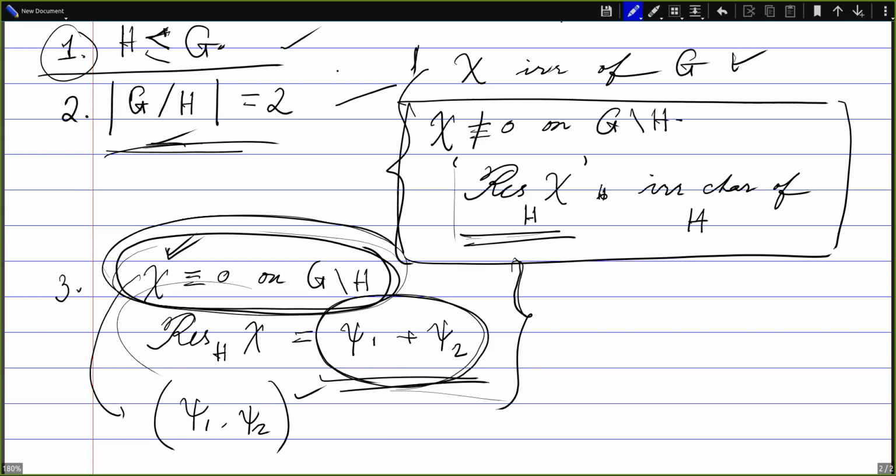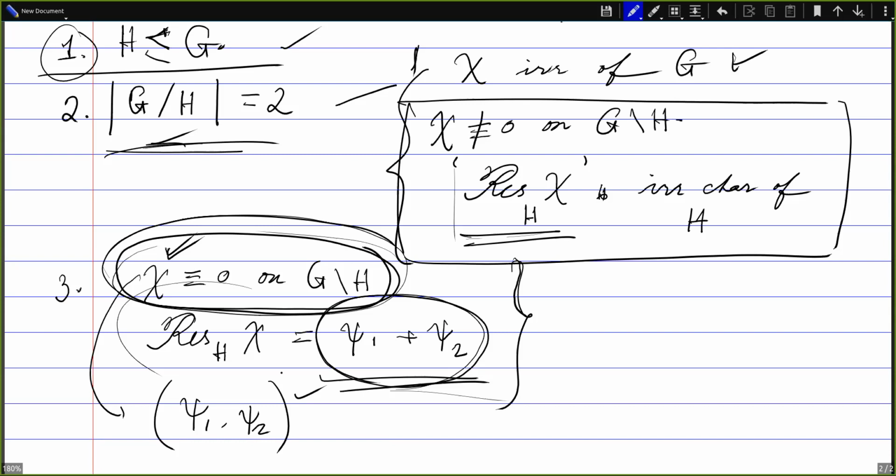So in most good examples, the first situation almost suffices everything. Then we can easily find the irreducible characters of H without much difficulty. But in the other case, we need some extra work to do.